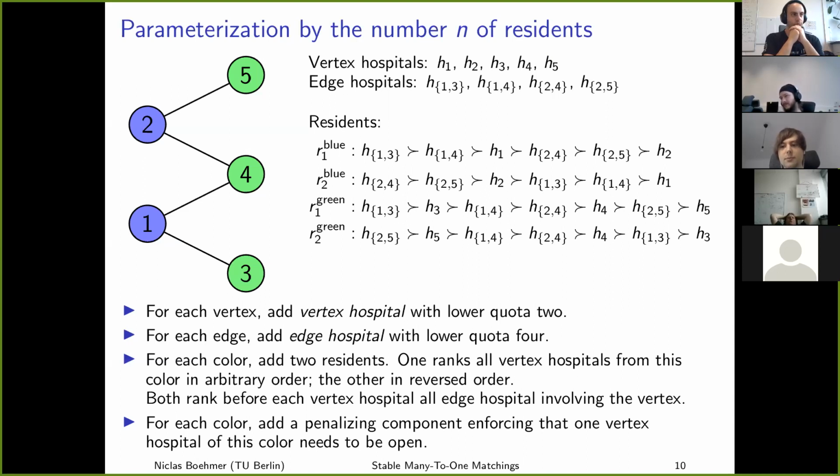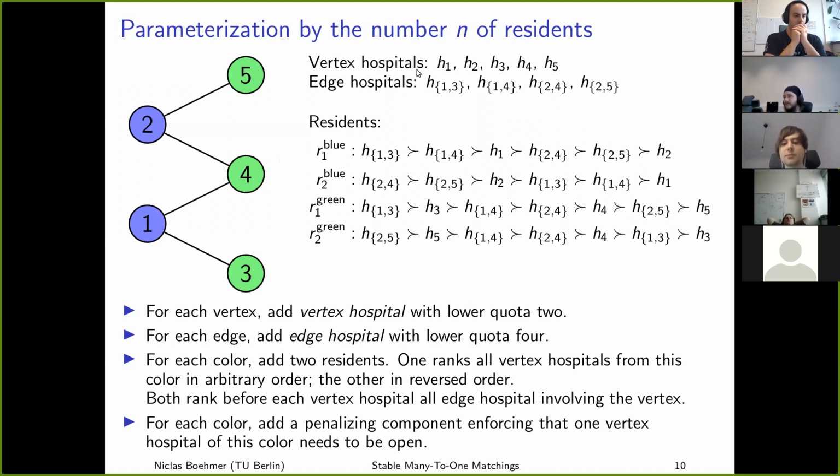And actually, this tells us already a lot more about how a solution to the problem may look like, because each vertex hospital occurs only in the preferences of two residents, the two residents corresponding to the color of the vertex hospital. For example, H1 is blue, so it only appears in the preferences of the two blue residents. And note further that each vertex hospital has a lower quota of 2.